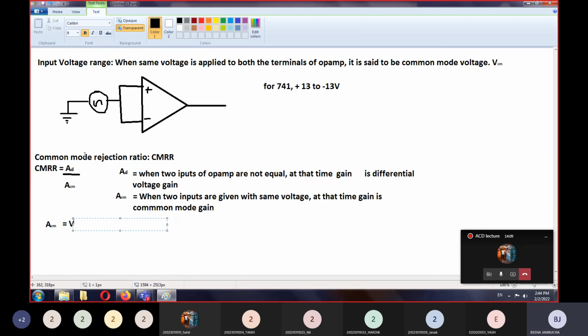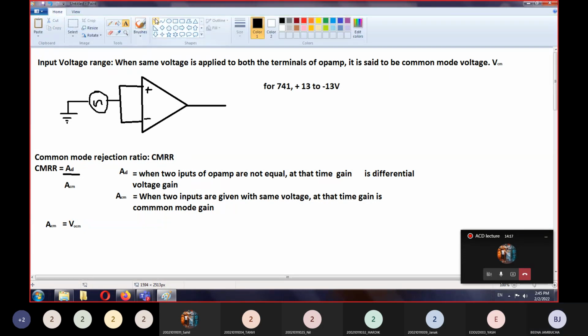It is the output voltage when input is in common mode divided by the common mode input voltage VCM, right?